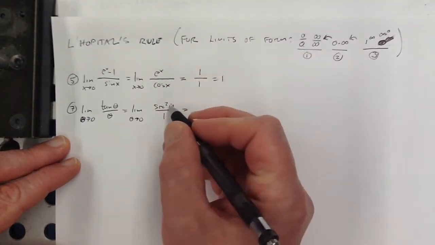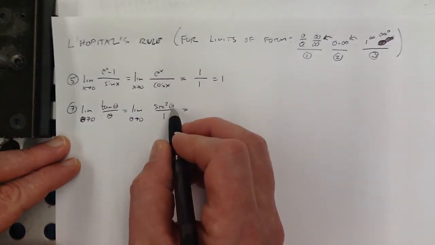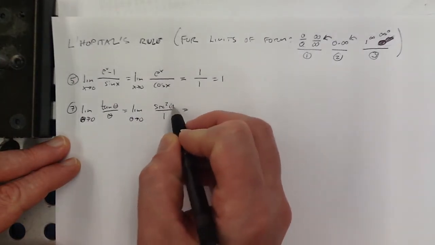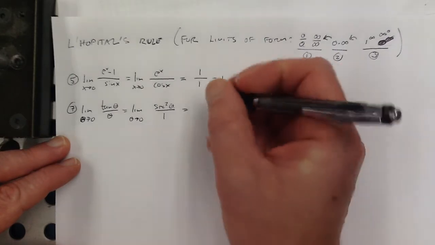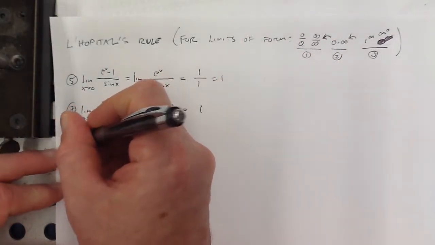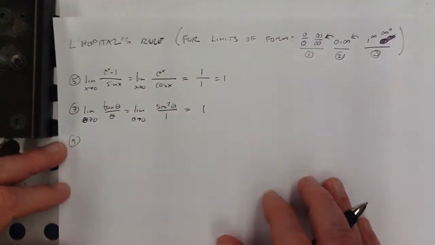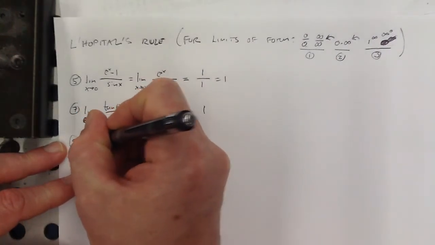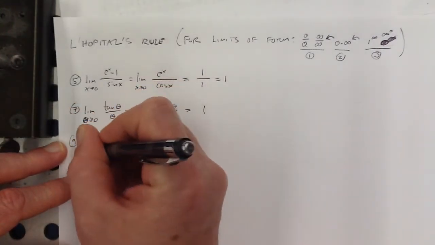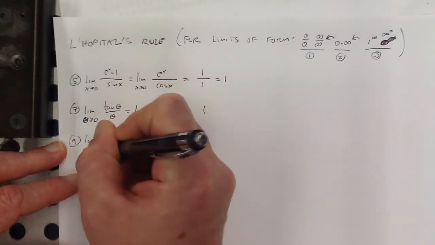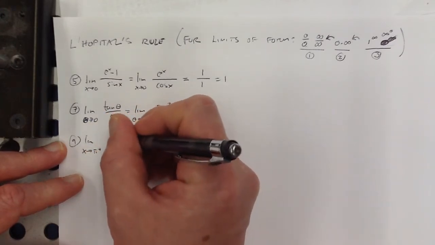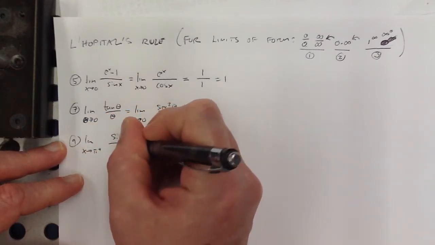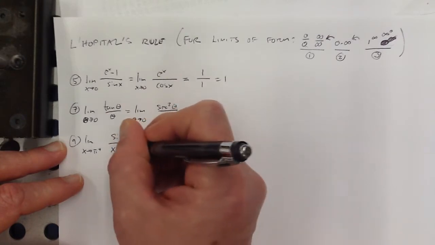And secant squared of 0 is 1 over cosine of 0, and cosine of 0 is 1, so that's just 1. All right. How about the limit as x approaches pi from the positive side of sine x over x minus pi?